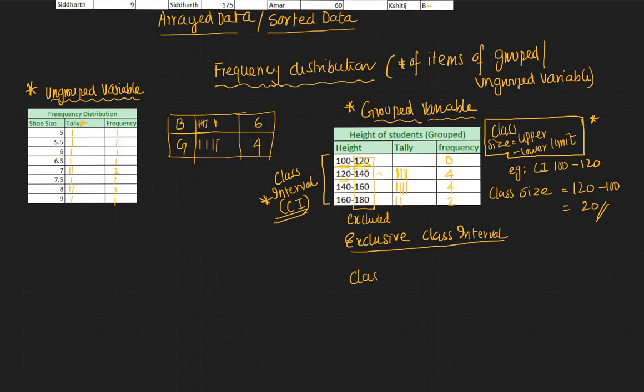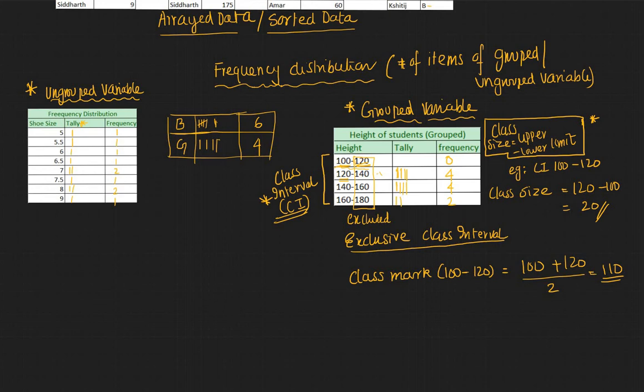So the class mark for the class interval 100 to 120 would be equal to 100 plus 120 divided by 2.